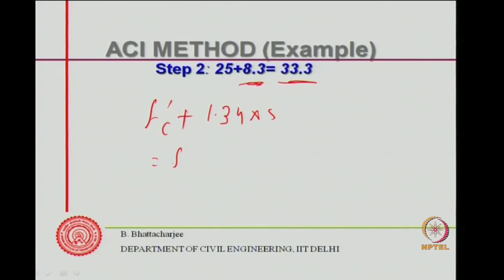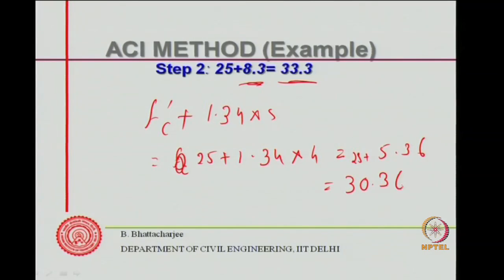Now, s would be smaller here, let us say s is 4. Then f c dash is 25 plus 1.34 into 4, which gives about 30 to 31. Or I take it as f c dash minus 3.5 plus 2.33 s.